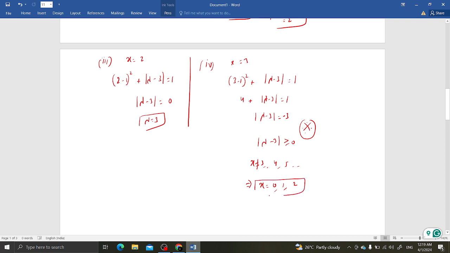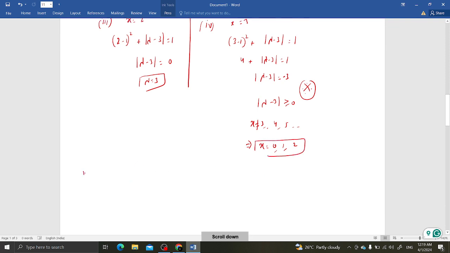Now the fifth case is on the negative side, x equals minus 1, I am choosing.